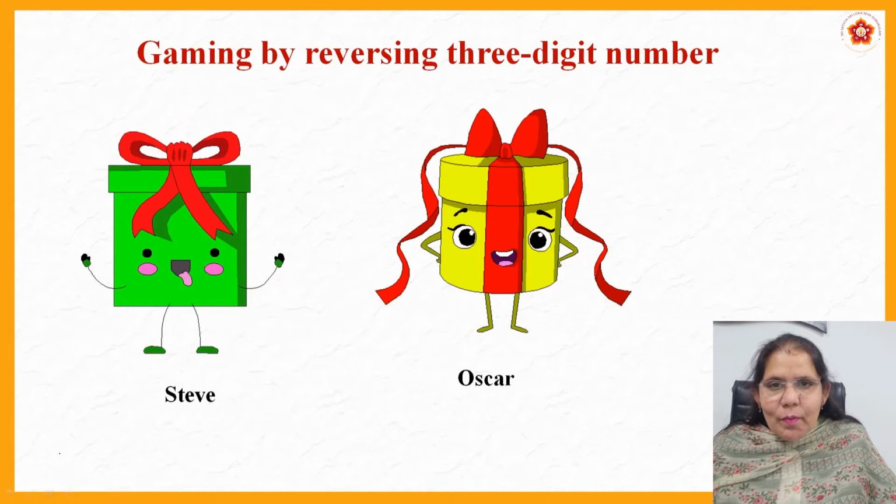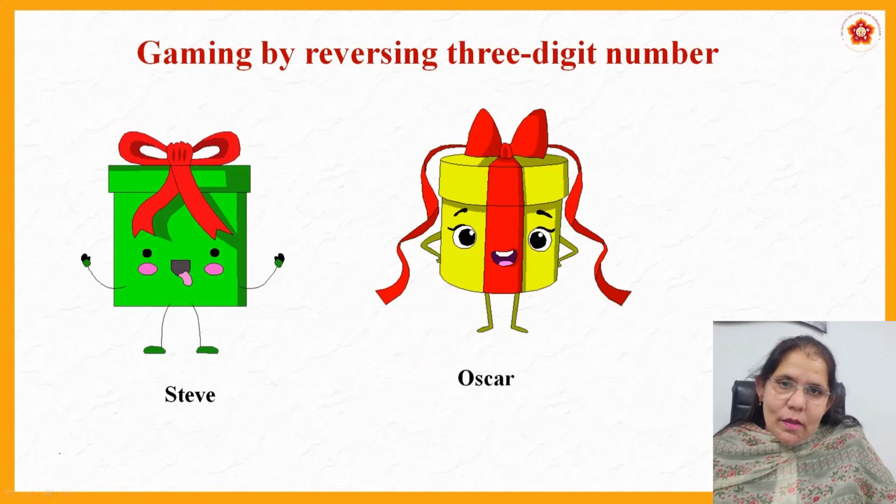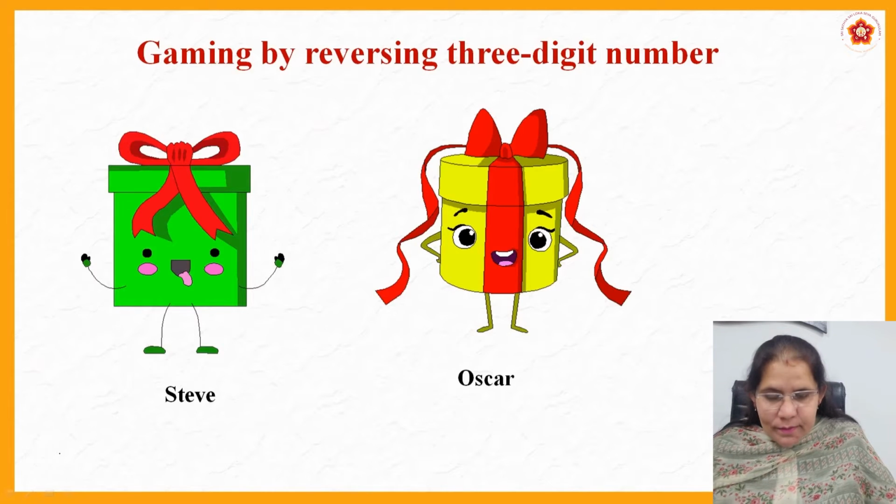Oscar and Steve are two friends who decided to play an indoor game. Steve asked a set of questions and Oscar agreed to do whatever Steve says.